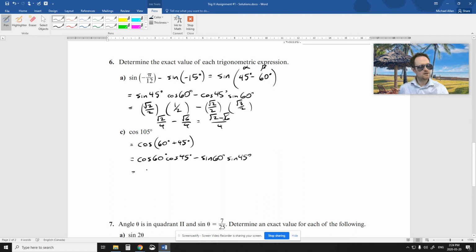Okay, so cos 60 is a half, which we already knew. Root 2 over 2 is the 45. Root 3 over 2, and then root 2 over 2. This is a very similar answer to the previous one. So it's root 2 over 4 minus root 6 over 4, which is root 2 minus root 6 over 4.